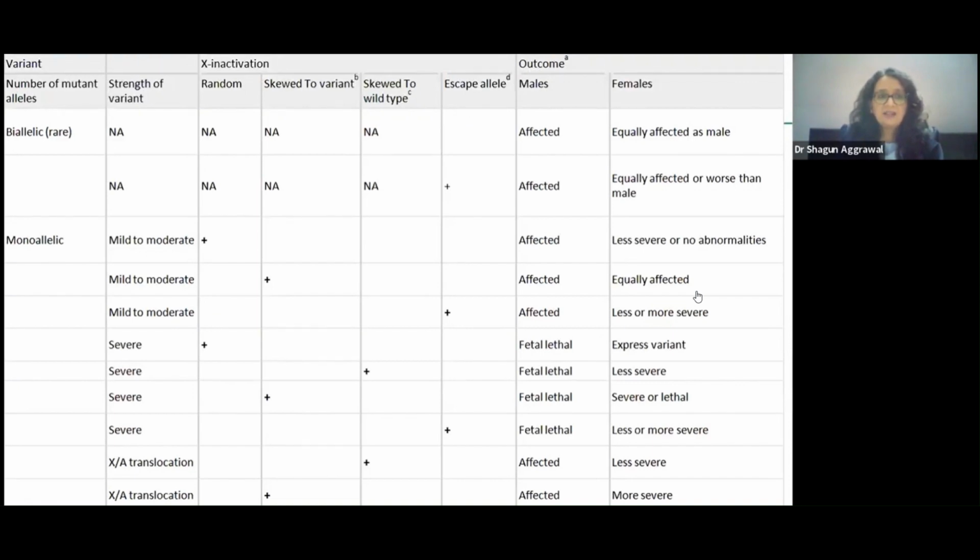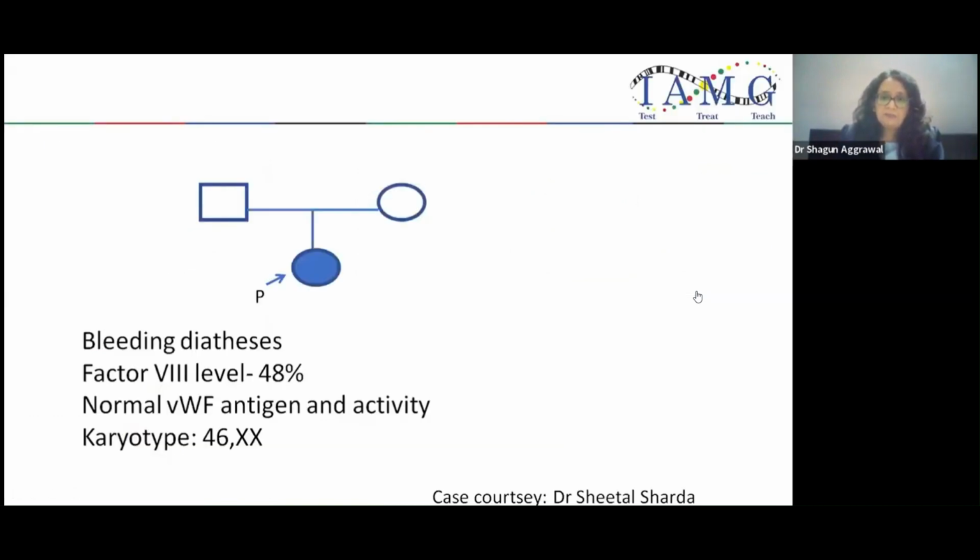So in fact, there are various mechanisms which determine the phenotype of the lady. Besides the X inactivation, and whether this is skewed to the chromosome with the mutation or without the mutation, the strength of the variant per se, whether it is a severe or a milder mutation, and whether there's a translocation, all these together determine the phenotype of the female.